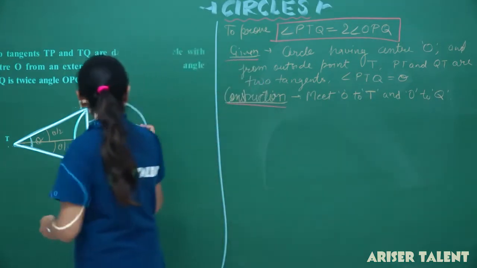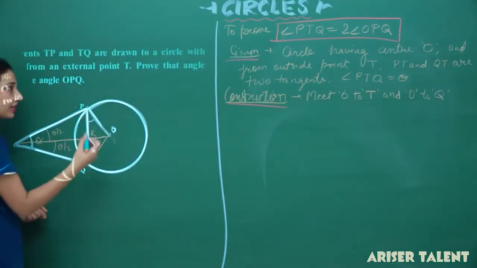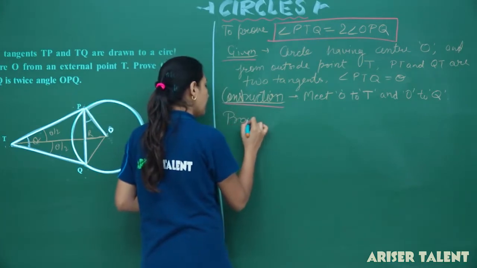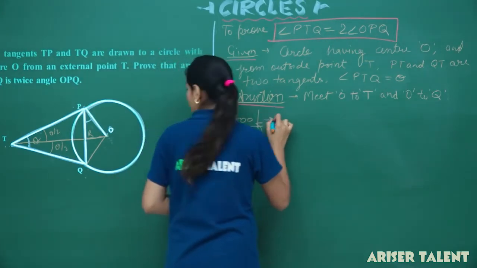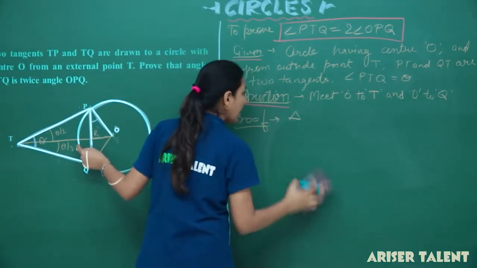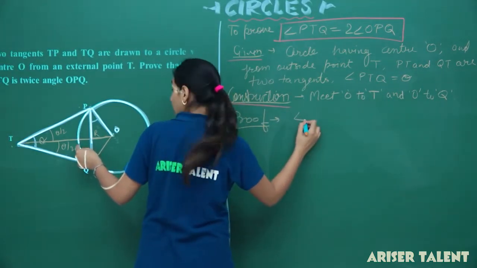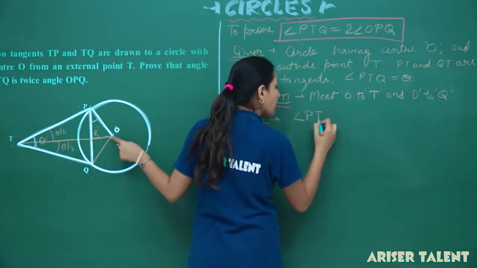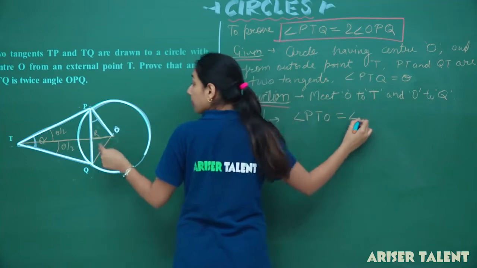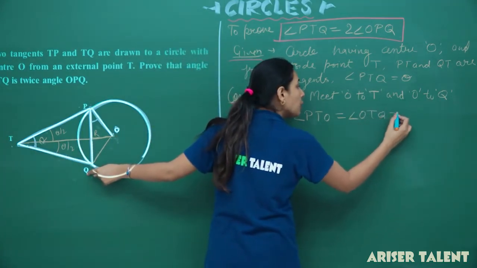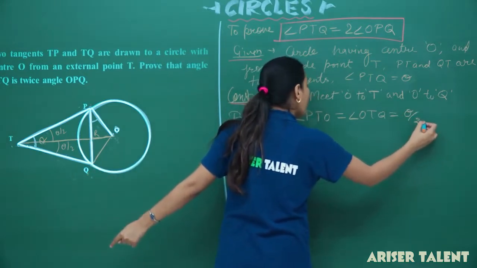So here, by this we can say, I am starting our proof. I am saying that angle PTO equals angle OTQ equals theta by 2.